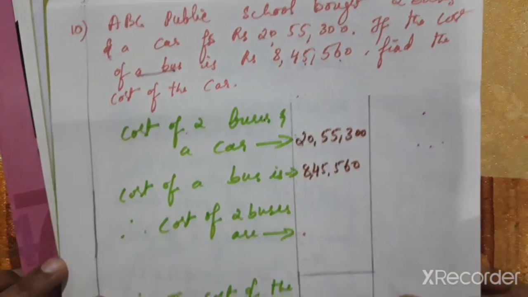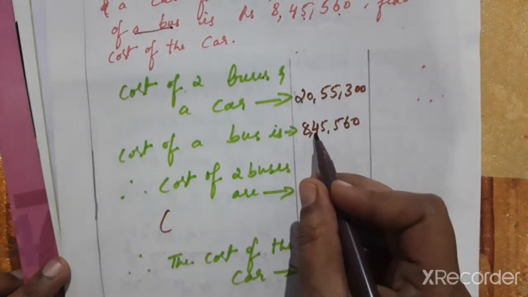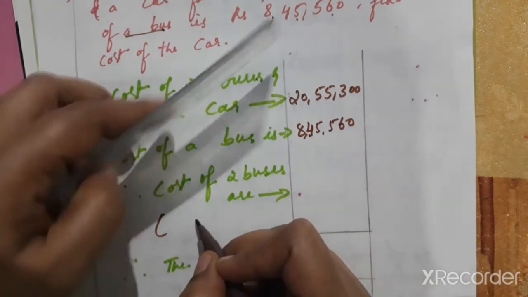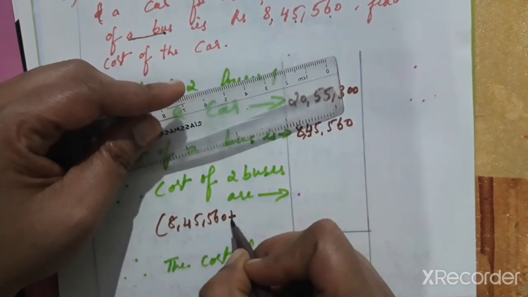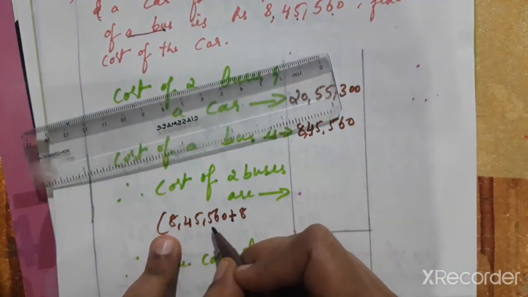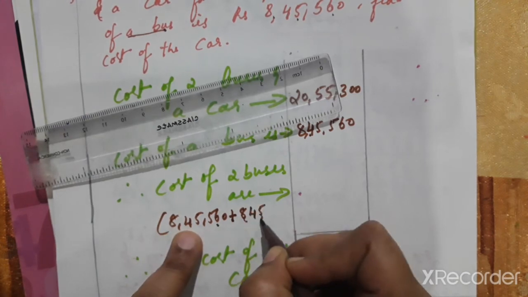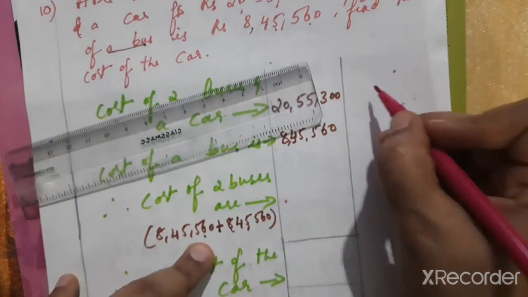Now we have to find the cost of 2 buses, so we have to add this amount twice. 1 bus cost is 8,45,560, plus 1 more bus means we have to add the same amount once again. Add and check, children.